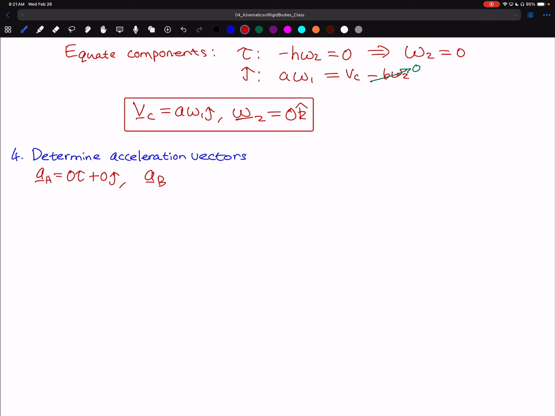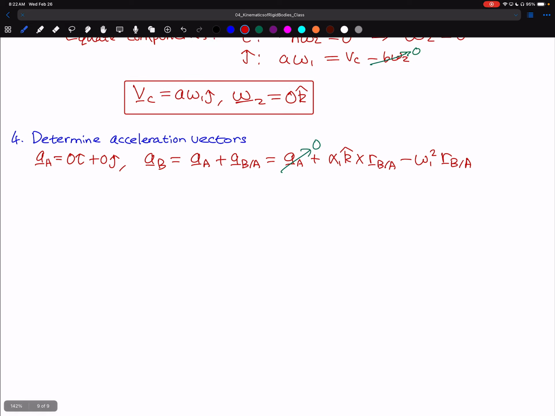Then we can write point B as being the acceleration at A plus the relative acceleration, B slash A. This will be equal to A_A plus alpha 1 k hat crossed with R B slash A minus omega 1 squared times R B slash A. And we know that A_A is 0, so we'll just eliminate that right now.